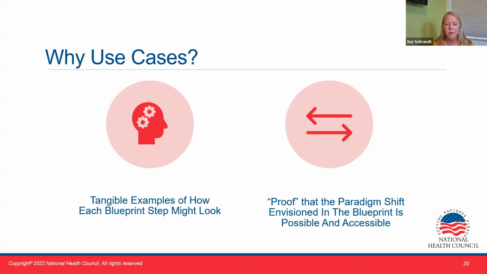First, to provide some tangible examples of what these activities might look like at each step, to move from conceptual or theoretical down to practical, but also to help blueprint users really see themselves in this process, make it clear that it is possible to do, and that there are folks who have done work similar to this. These use cases can almost serve as an invitation to create a PC-CIS.